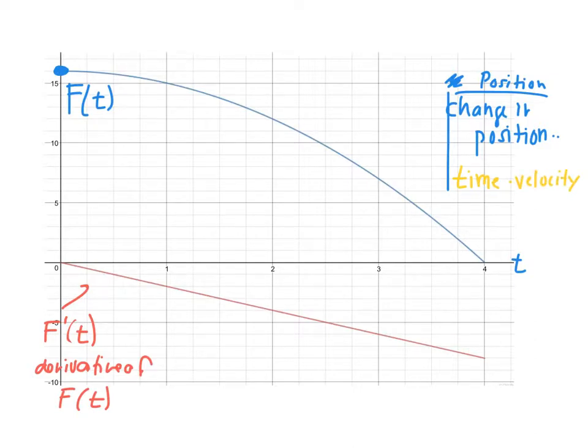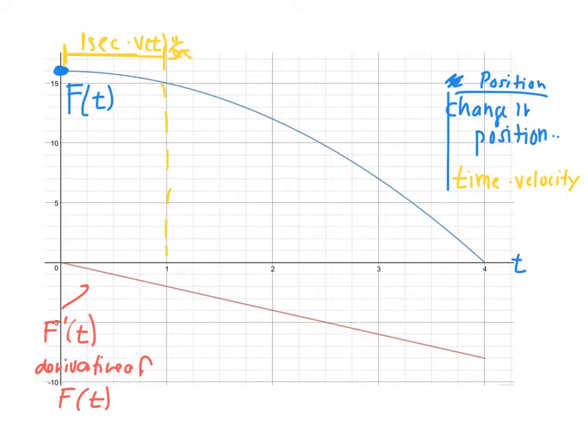For instance, if I started here, let's just look at 1 second intervals of time. On this 1 second, the duration of time was 1 second. Then I would multiply that by whatever my velocity was, and my velocity, let's just measure it in units, is going to be units per second.